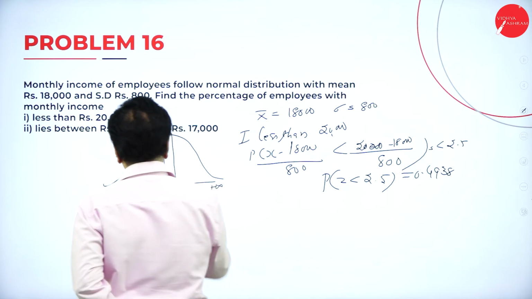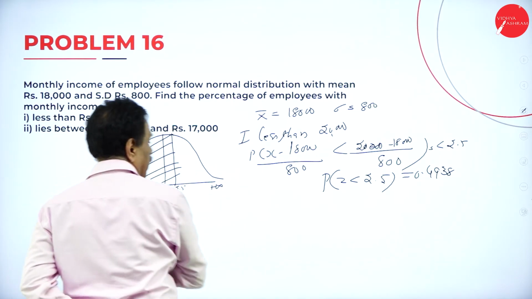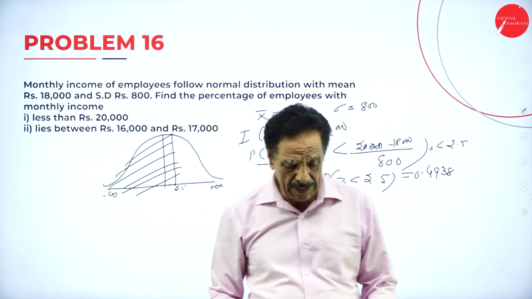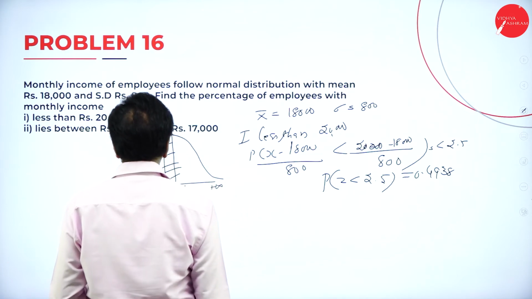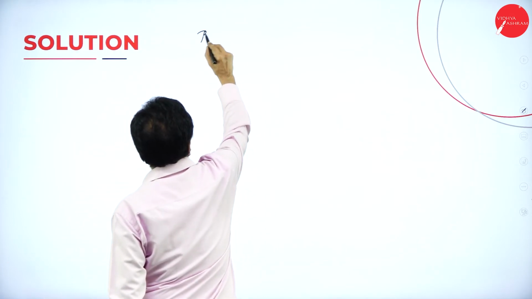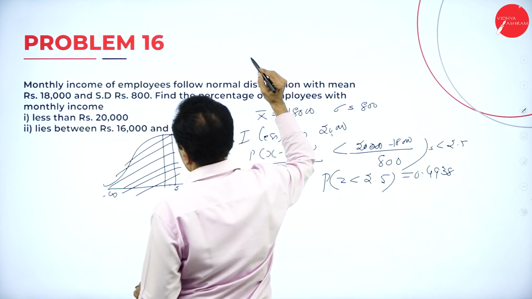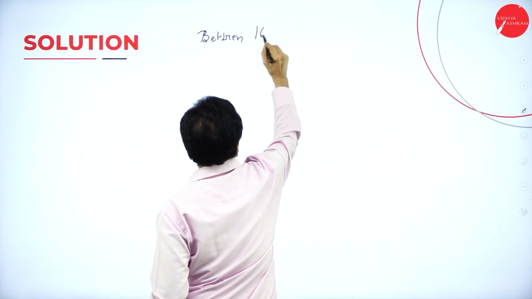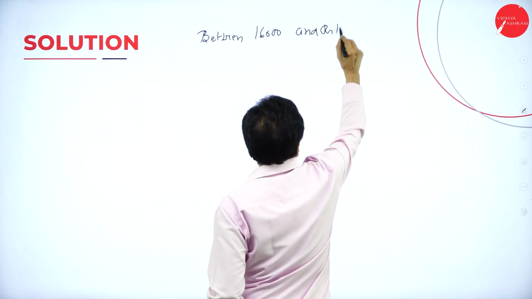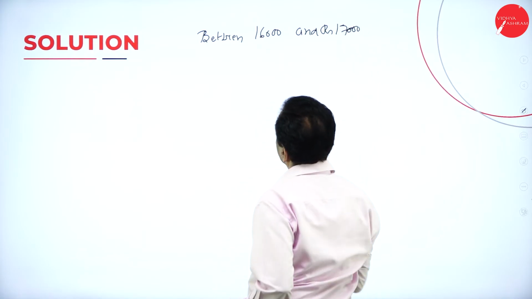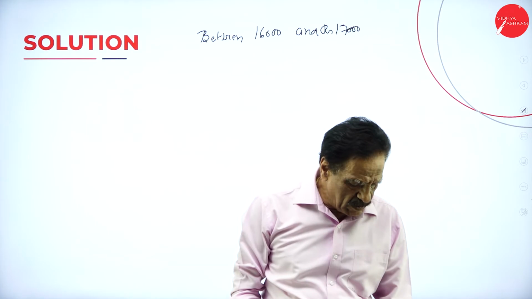This is the way we have to write a less-than. Then, income lies between 16,000 and 17,000 rupees.